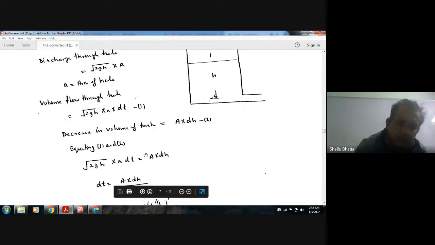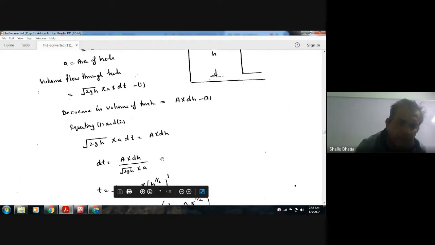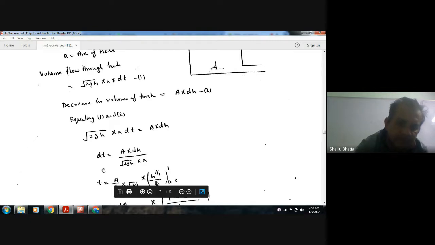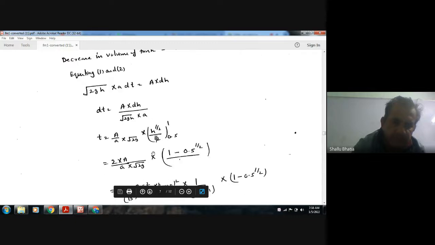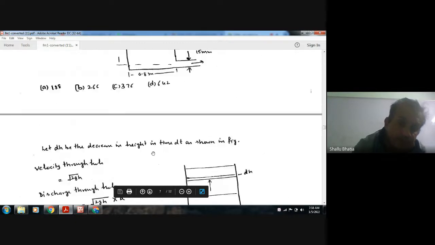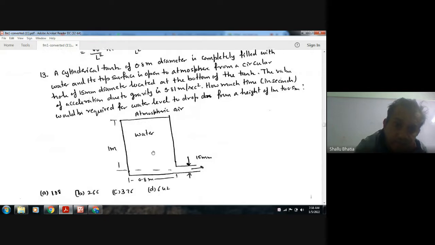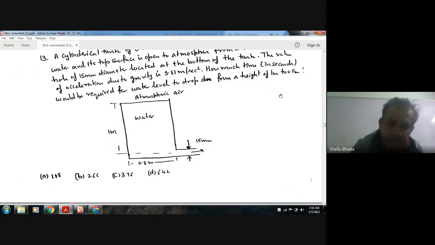Now when we put them equal and separate variables, we can find out this equation for t. Now putting the limits, the water level has to drop from a height of 1 meter to 0.5 meters.